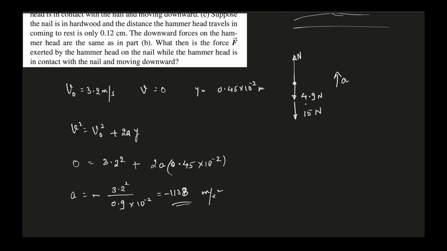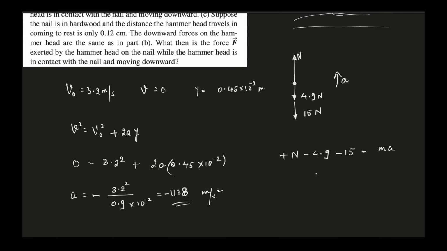So now we can write, plus n minus 4.9 minus 15 is equal to ma.